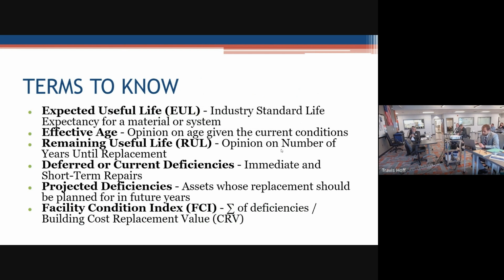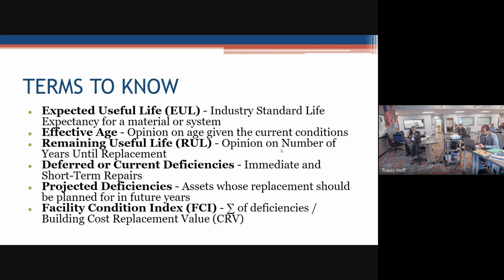In some cases, that in-service date is known, and sometimes there are plates attached that show when that equipment was manufactured. In other cases, there isn't. And so the effective age is essentially the assessor's opinion on how old that equipment may be based on its appearance and its condition.